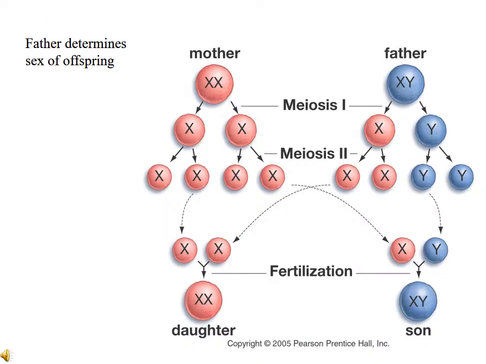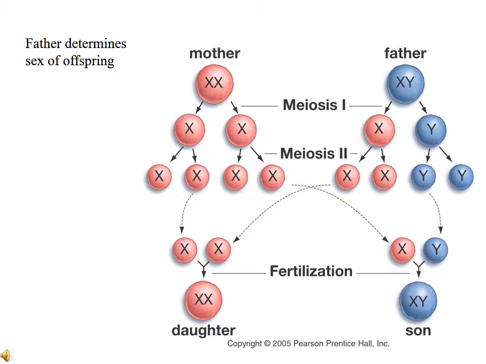Just to give us a little appreciation of how males and females are formed, it's quite simple. The father determines the sex of the offspring. If you look at the mother and the father, the mother has 2 X's, which of course indicate female.